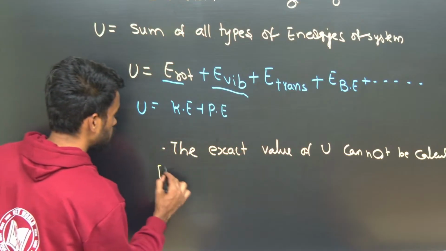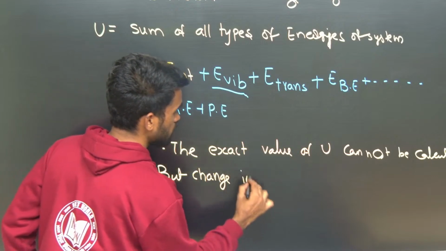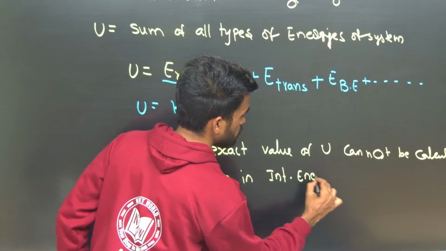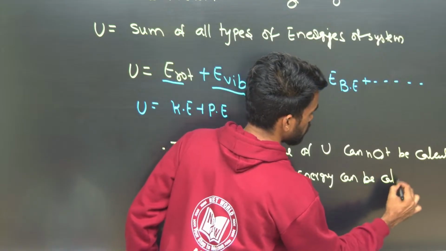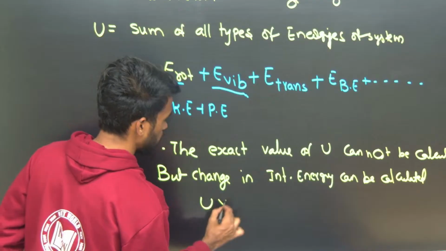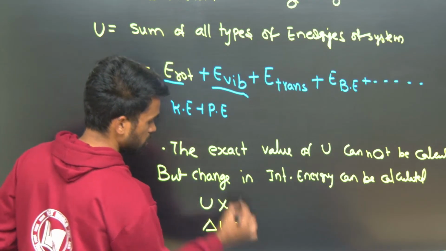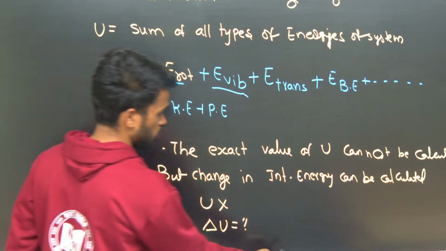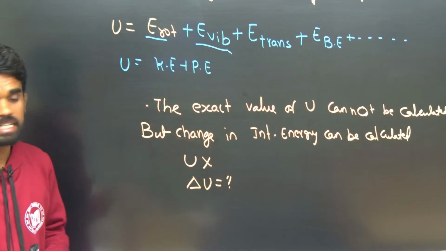But the change in internal energy can be calculated. So you cannot calculate the exact value of U, but you can calculate the change in internal energy, delta U. This delta symbol indicates change in internal energy.